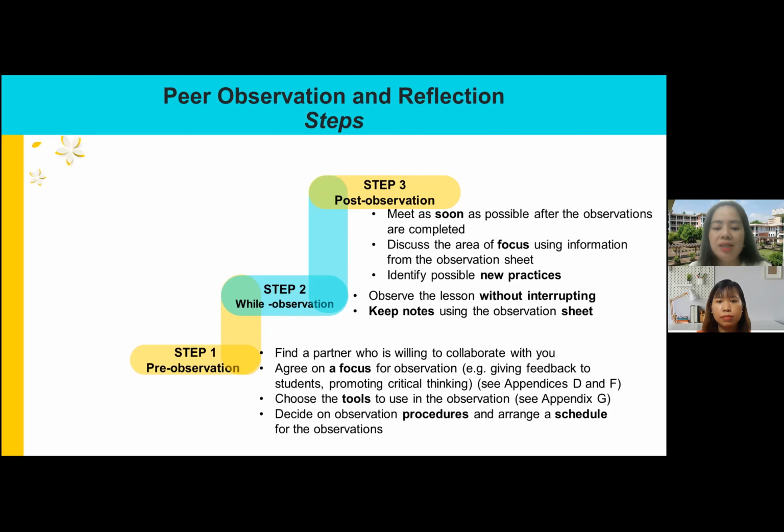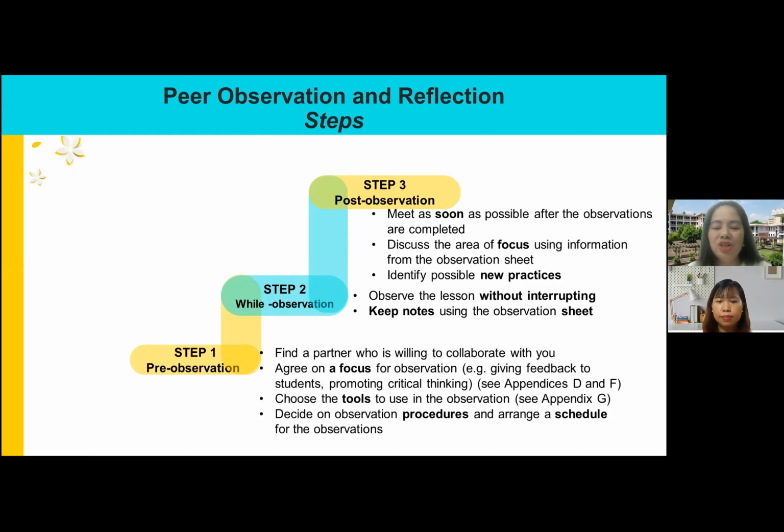So the keyword in step 1 is focus. You need tools, you need the procedures and schedule in order to take step 2 successfully. So what do we do in step 2?